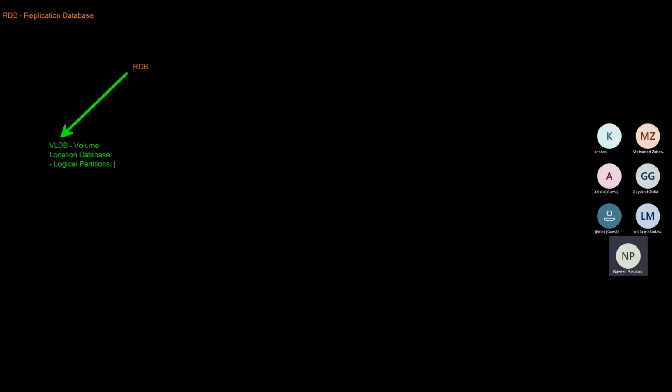Along with that, it contains the aggregate information: which node an aggregate belongs to, and similarly which node and which aggregate a logical partition or volume is part of. These kinds of information will be maintained.